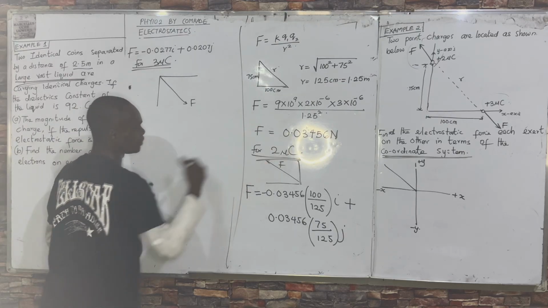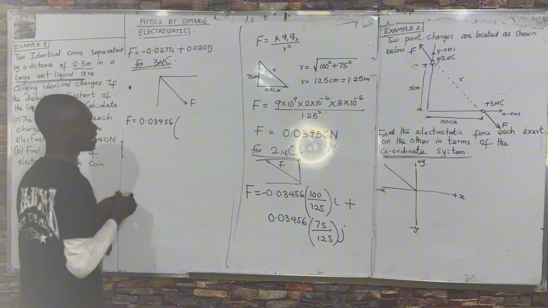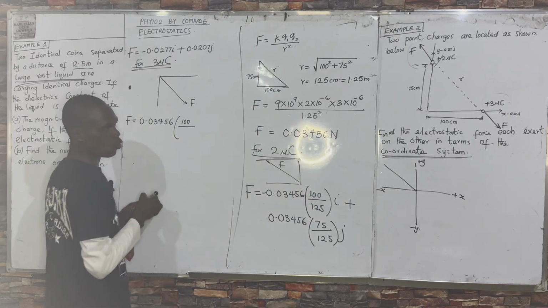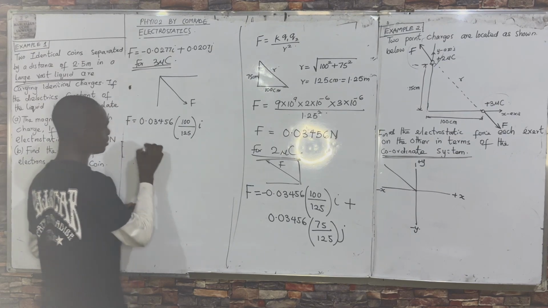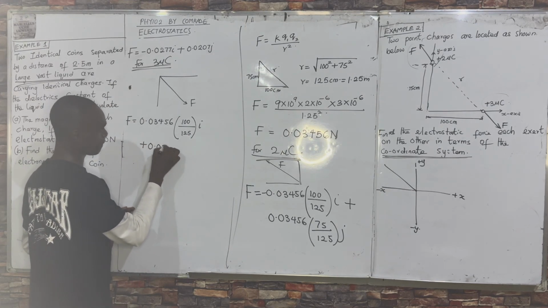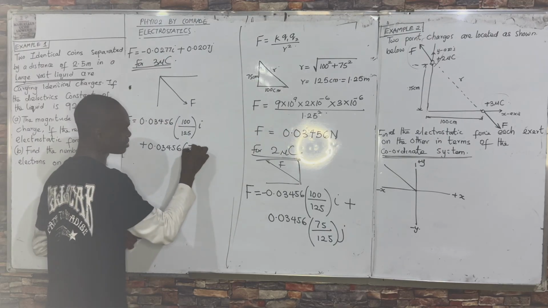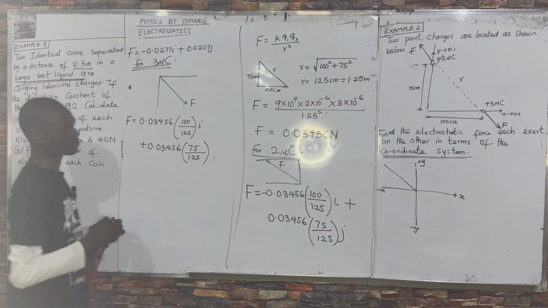The force, 0.03456 bracket, the movement in horizontal 100 over the total 125 i plus the force again bracket the movement in the vertical 75 over the total 125.